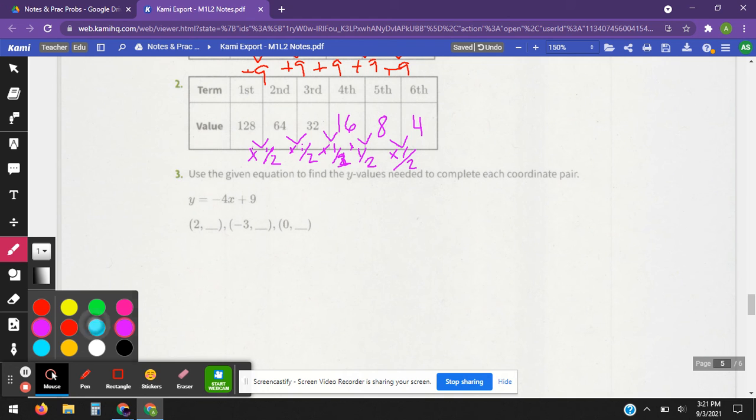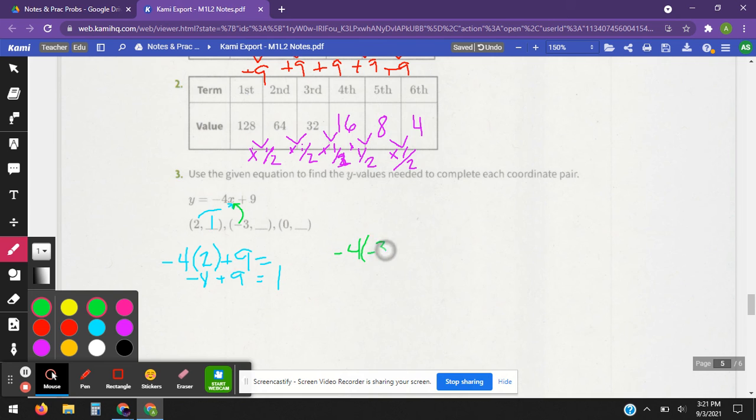Next one. Here, if I do a 2, so I'm going to substitute the 2 in for x. Negative 4 times 2 plus 9 equals negative 8 plus 9 equals 1. So it's going to be 2 comma 1. Now we'll substitute in a negative 3.